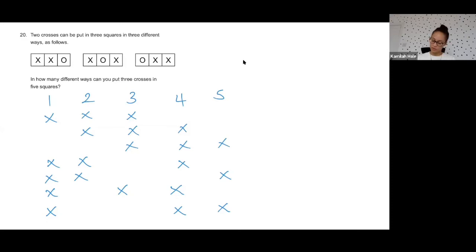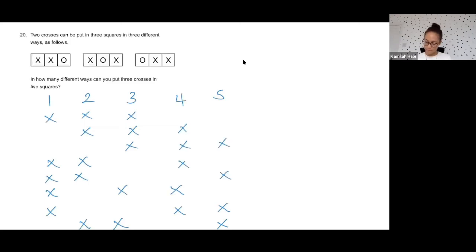What if I have 2 in the middle, kind of, and 1 on this side? And what if I do the reverse of that?